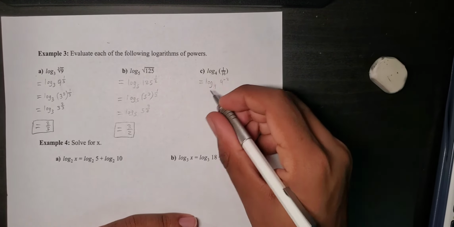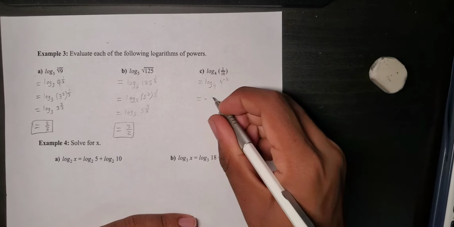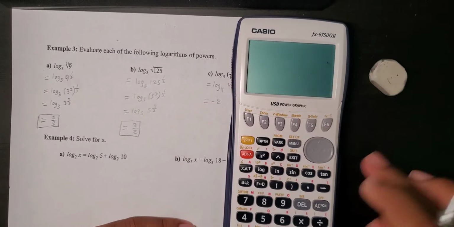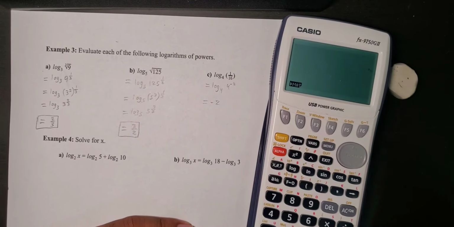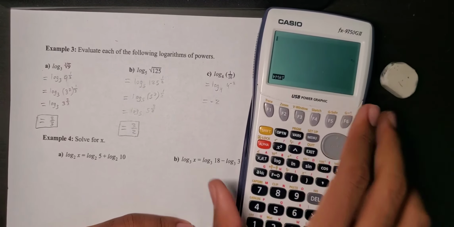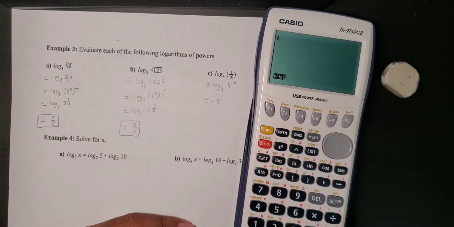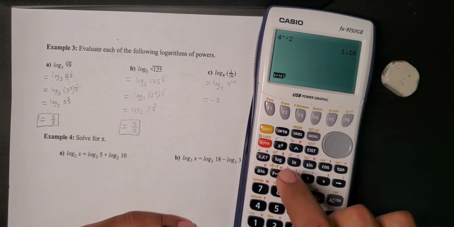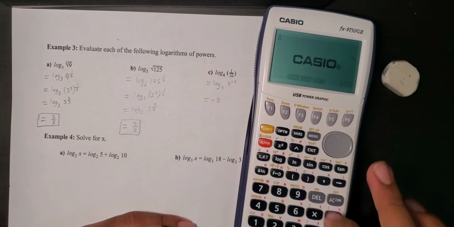So in this case, since their bases are the same, the answer is negative 2. And all this you can just check. Yep, it's 1 over 16.